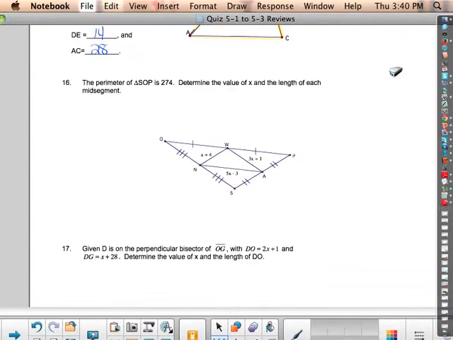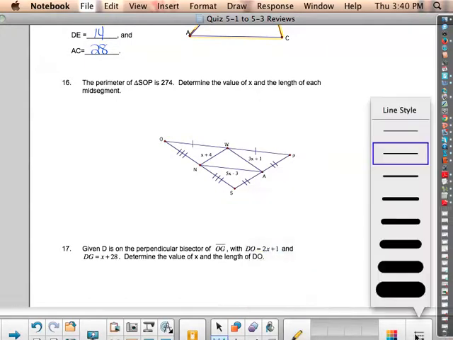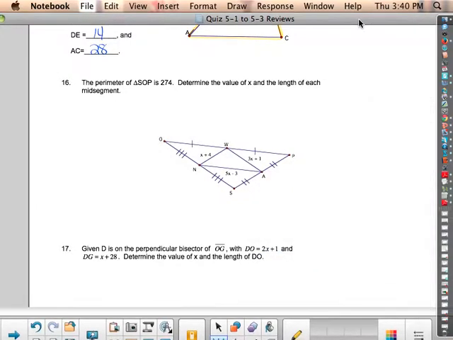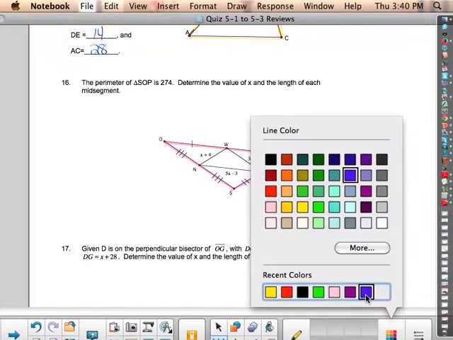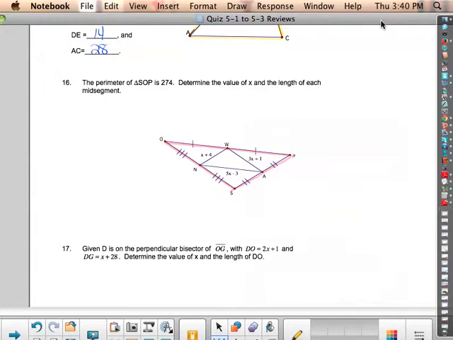Okay, the next one, you're given the perimeter of triangle SOP, so that perimeter is equal to 274. You are given the lengths of the mid-segments. So in order to solve this, you need to recall that this mid-segment is 5x minus 3.